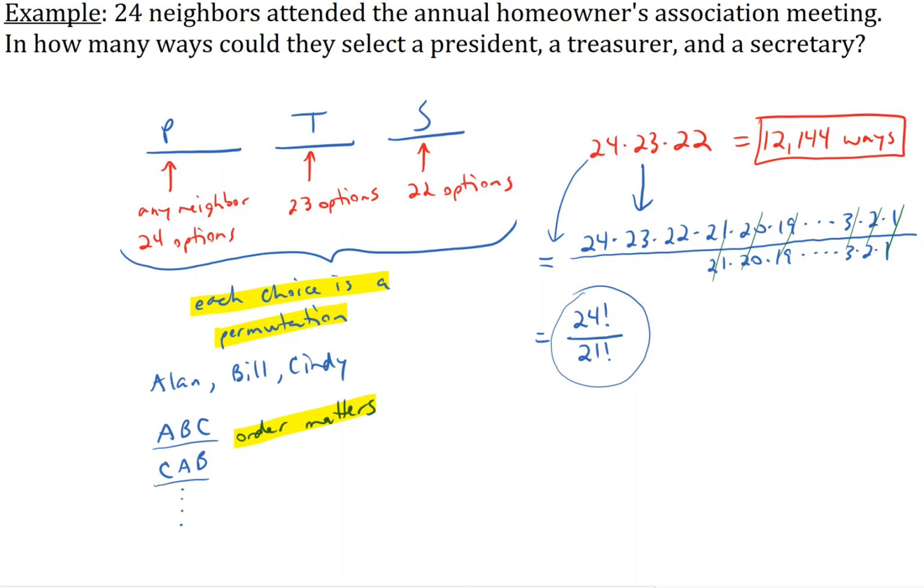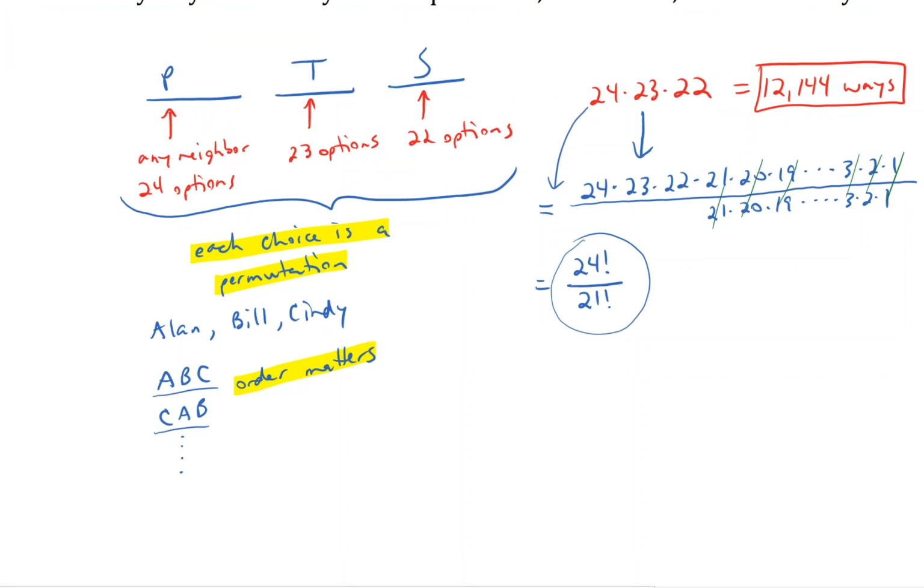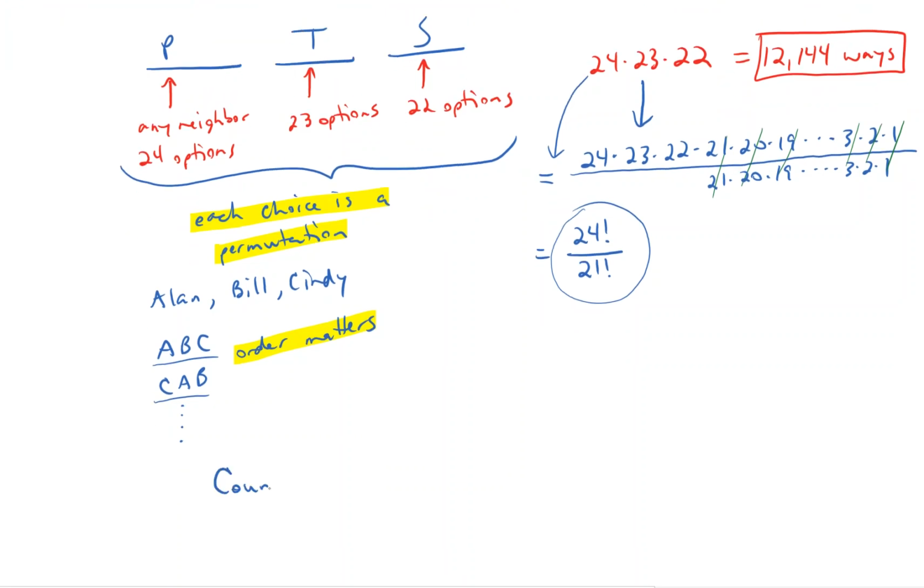So another way to figure this out is using permutations. So how could we count using permutations?